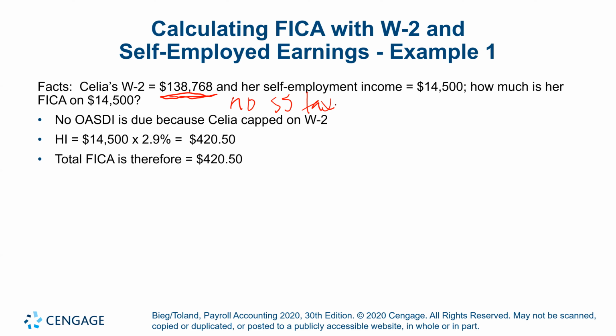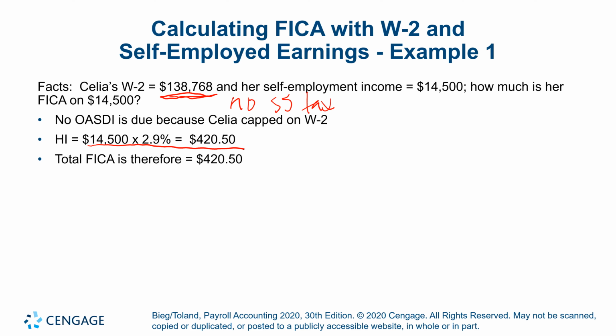But the hospital insurance, AKA Medicare, she does have to pay because there is no limit on the Medicare, right? So she does have to pay that 2.9% on her self-employment income, which equals $420.50.